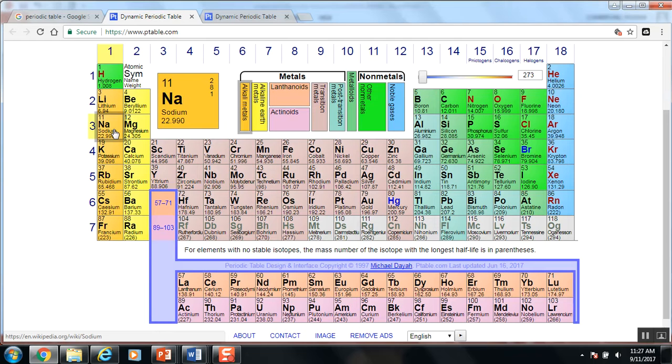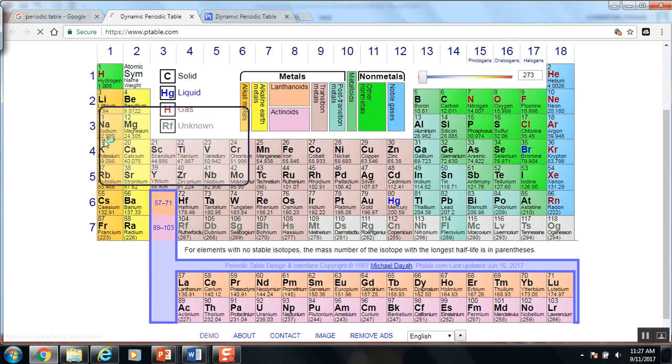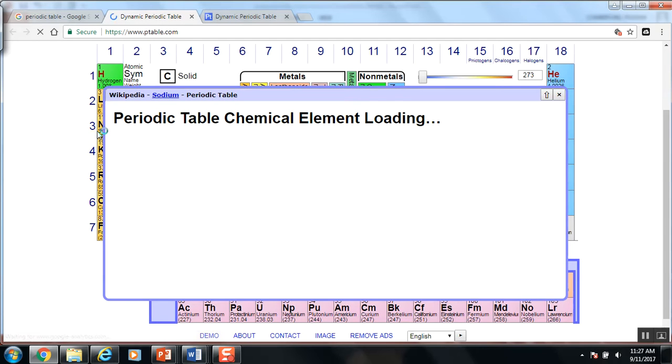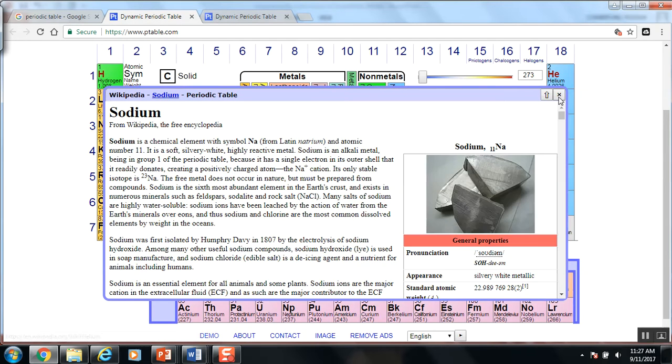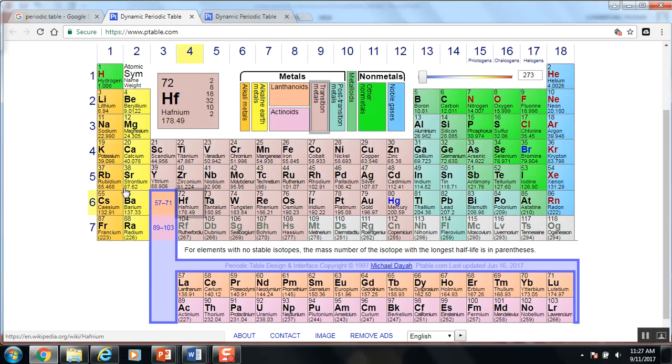So go ahead and find sodium on your periodic table. When you look at sodium, you're going to see that sodium has a mass of 22.99 grams. Now, interestingly enough, what does that mean?